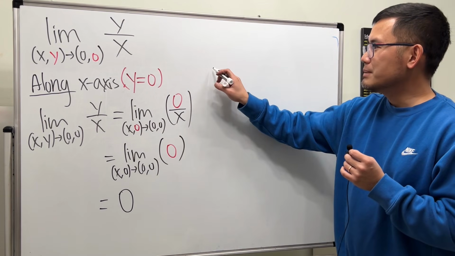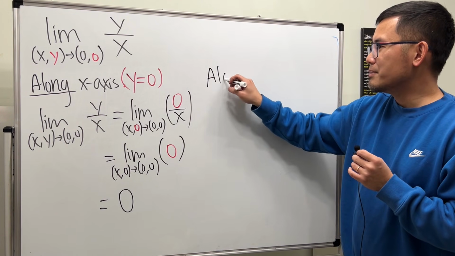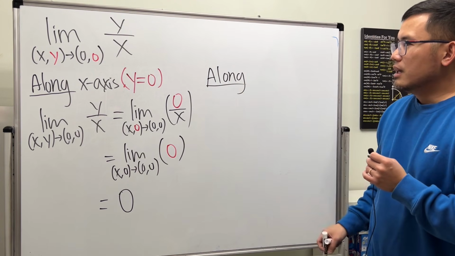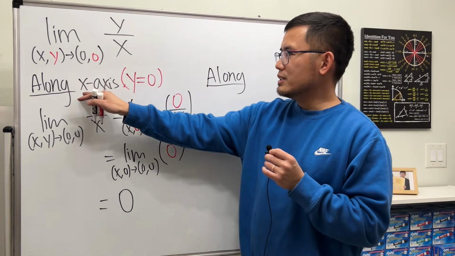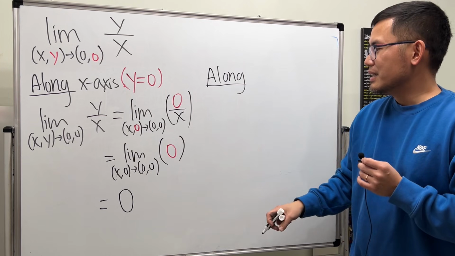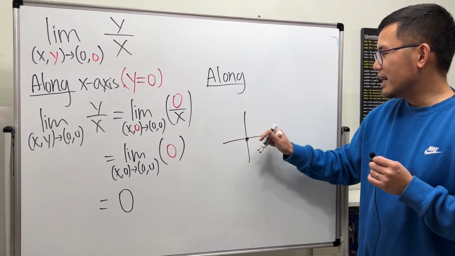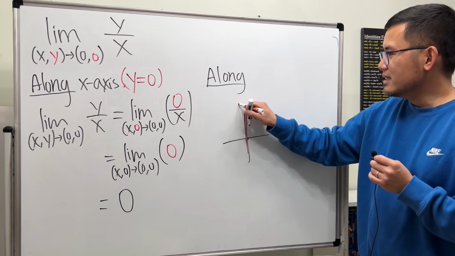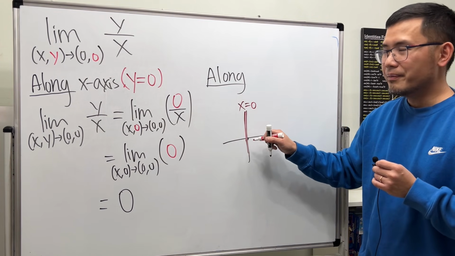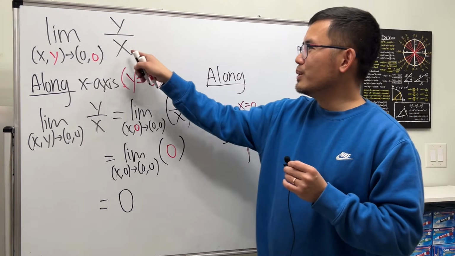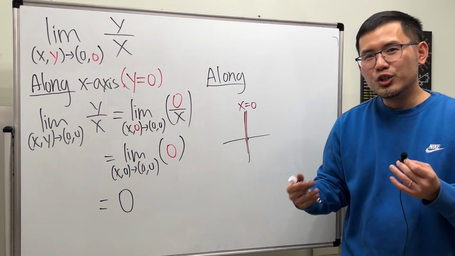But anyway though, let's pick another path. We chose the x-axis. So do we choose the y-axis this time though? We could, but the y-axis is the equation x equals 0. If you put 0 into this right away, that's a little bit bizarre.